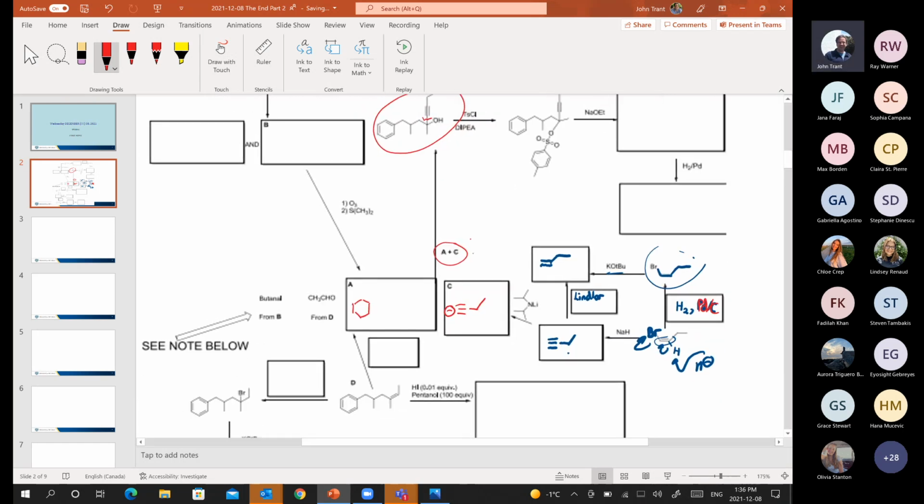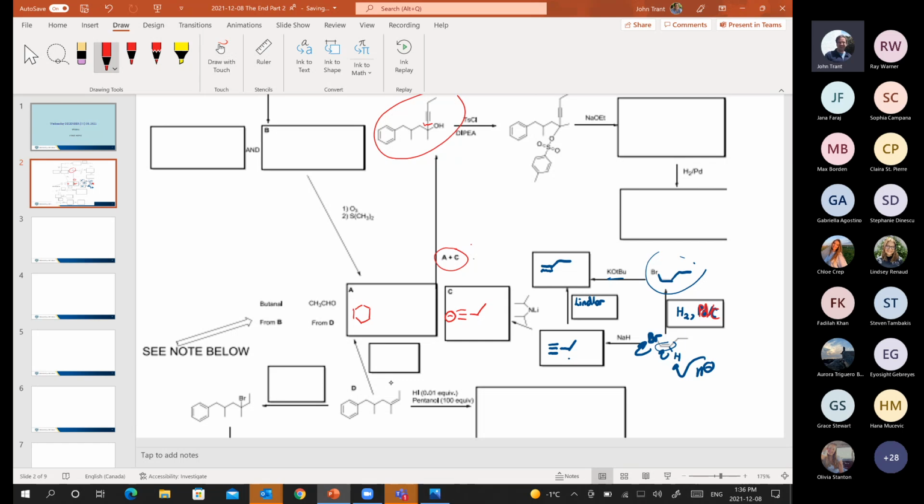And I'm making it a little bit harder because we know that A is related to this molecule D here. Something happened to it, and we're able to make A. So A is not going to be that different from D. And so we can get this plus a ketone would give us this guy up here.